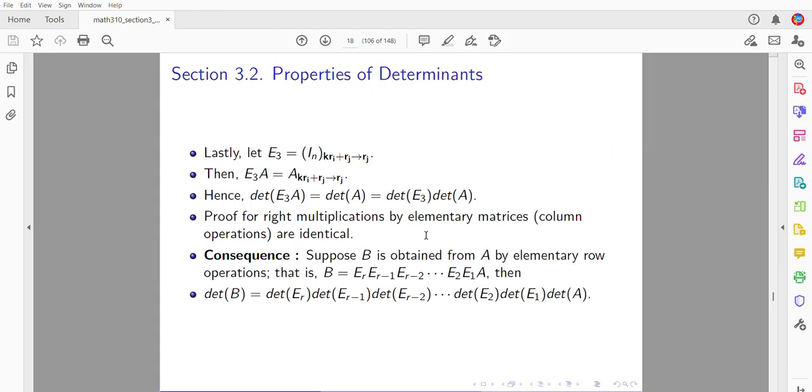If you have a bunch of elementary matrices multiplied to any matrix, as long as they are elementary matrices, you can start splitting them off. Okay? That's what we are looking at.